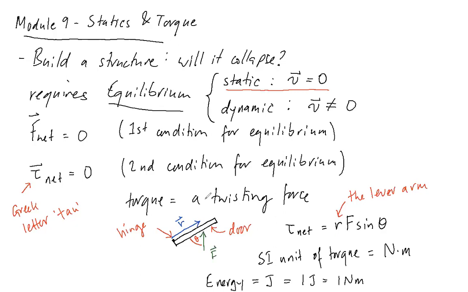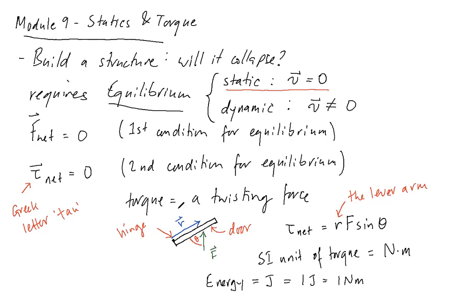Well, the way you get the direction is you simply say that if the direction of the twist is counterclockwise, as it is in this case, you see if the door swings open, it goes counterclockwise.